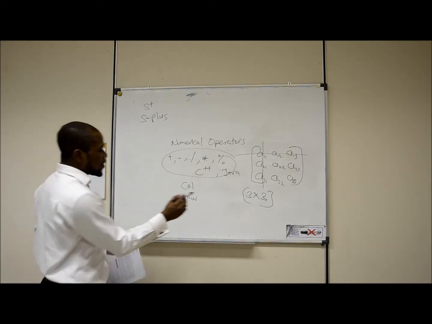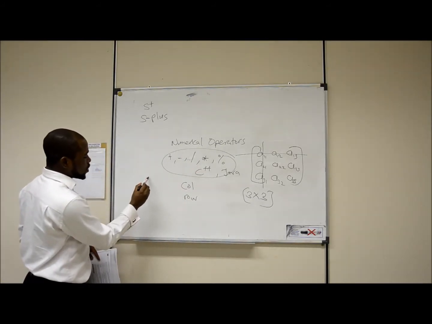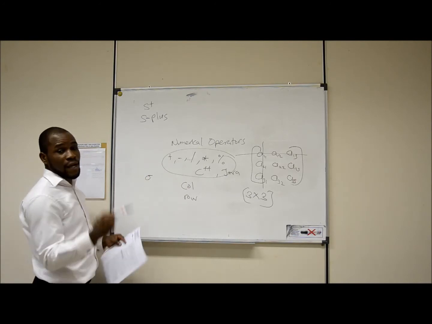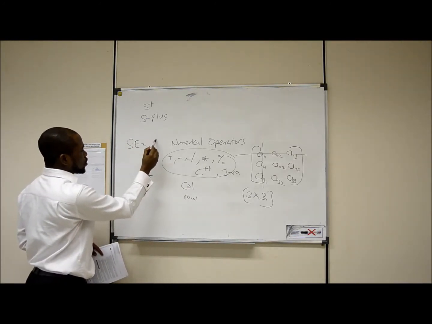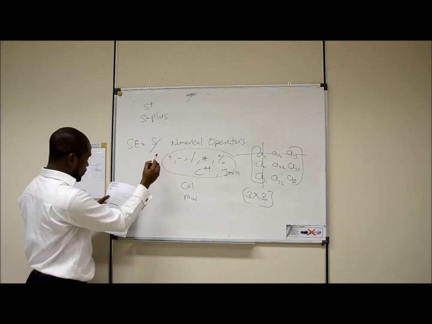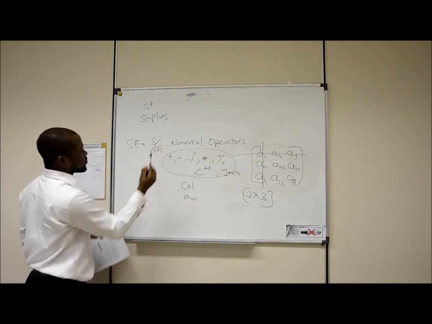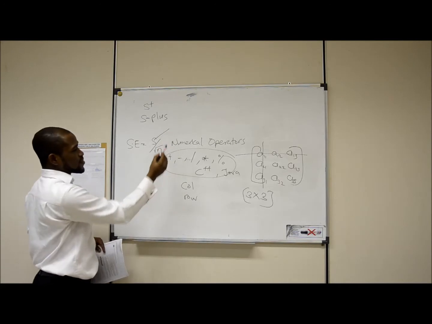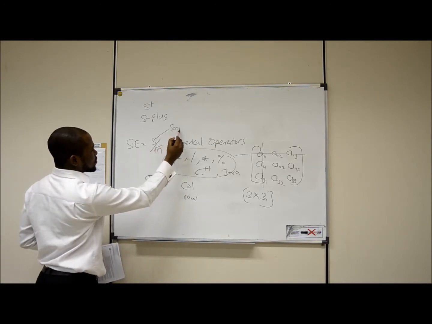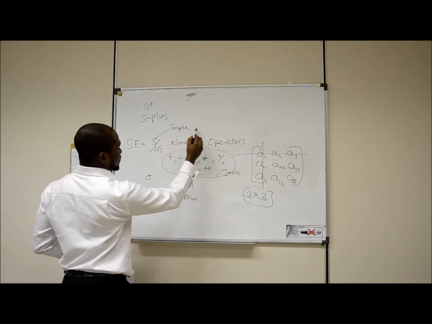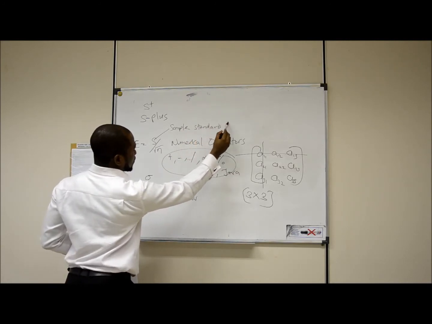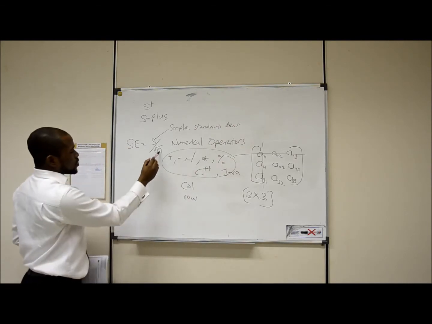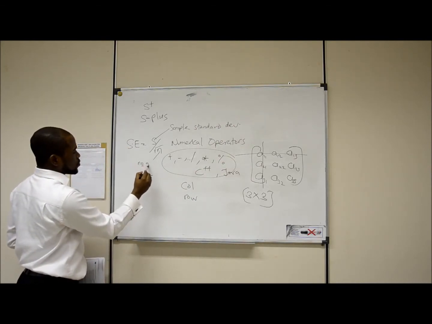What I mean is that, let's assume we want to calculate the standard error. Standard error is equal to S over square root of n, where S is the sample standard deviation and n is the number of samples.